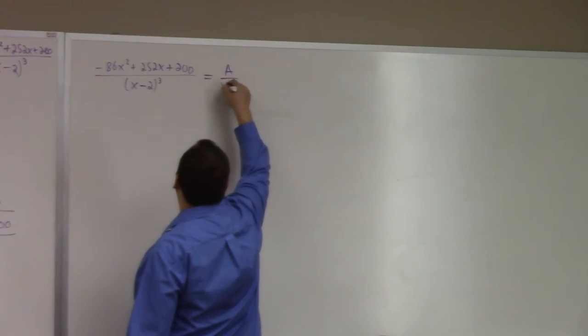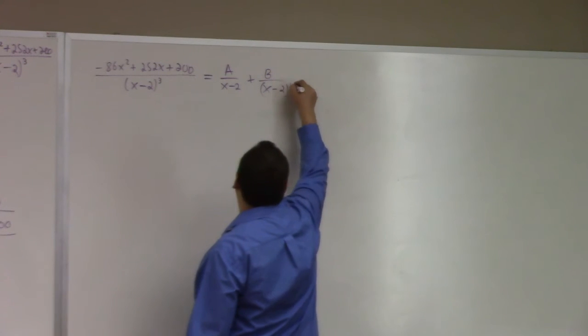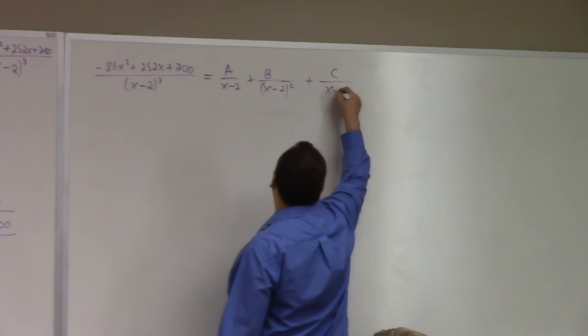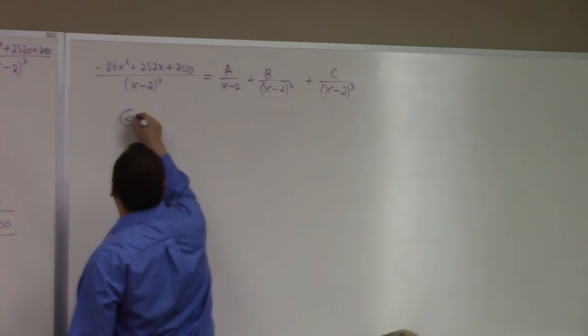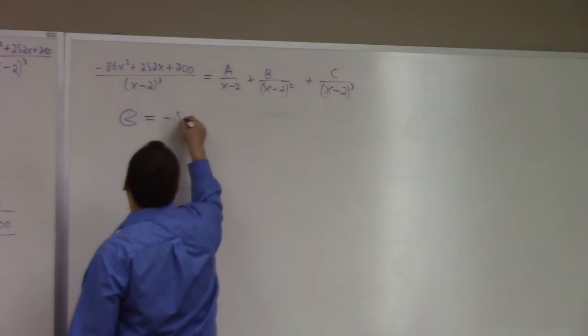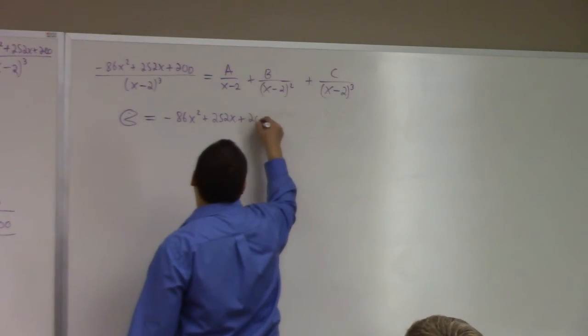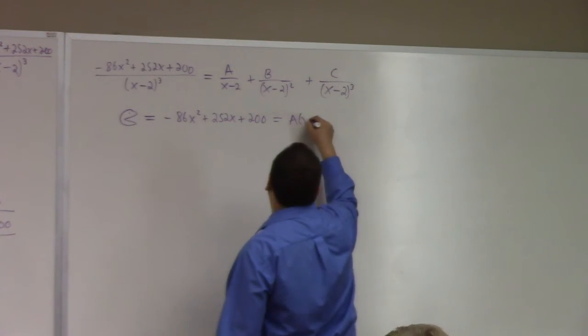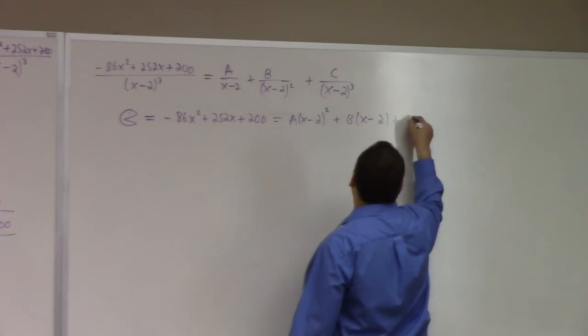to a over (x minus 2) plus b over (x minus 2) squared plus c over (x minus 2) cubed. So what we get is P(x) is equal to minus 86x squared plus 252x plus 200, but it's also equal to a times (x minus 2) squared plus b times (x minus 2) plus c.